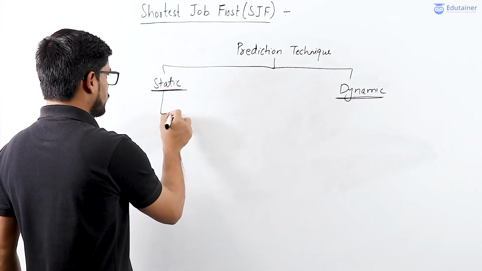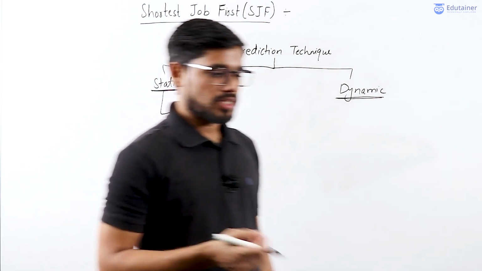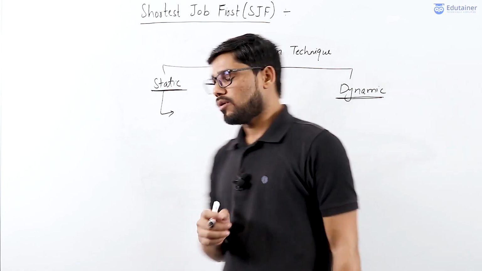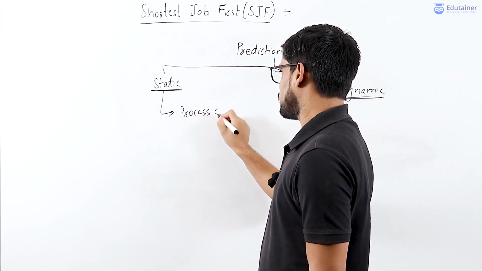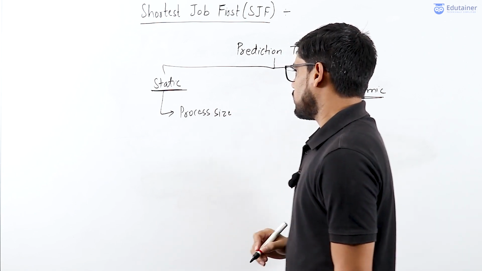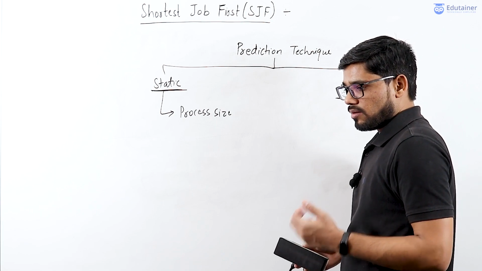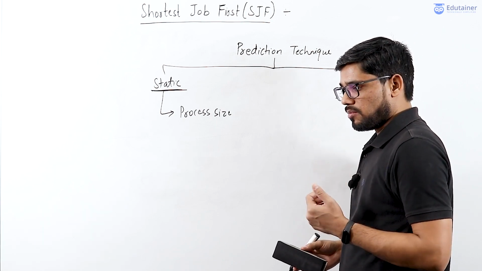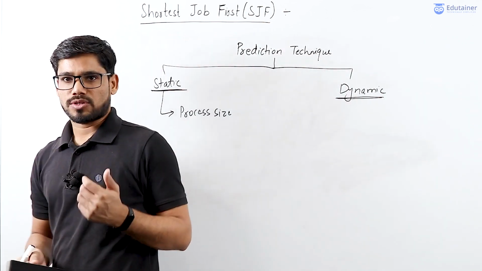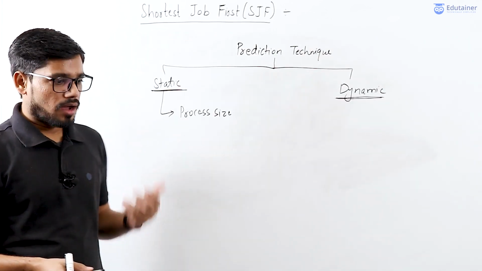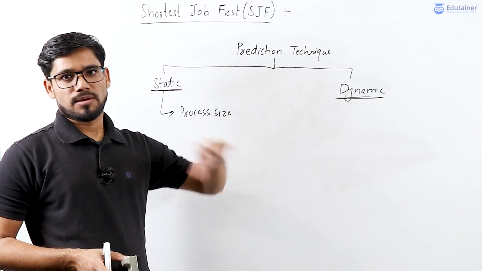So in the static prediction technique, there are two parameters which can predict the burst time. One is based on the process size. Process size means, before predicting the burst time, you will see the previous completed processes and decide how you predicted the burst time for them.